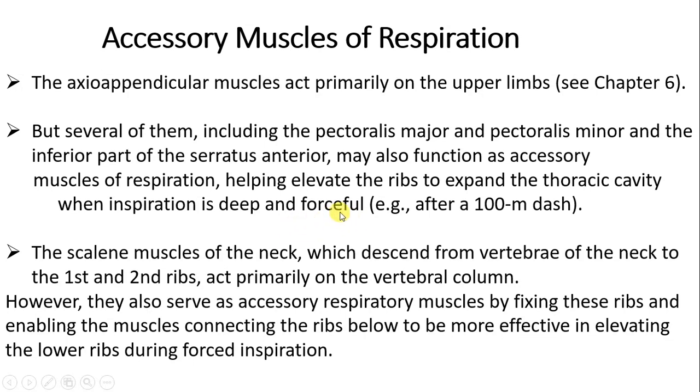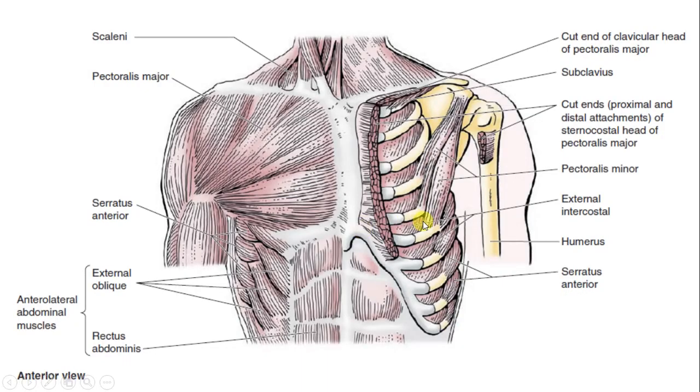These are the actions of the accessory muscles, and their origin, insertion, nerve supply and action on the limbs you have studied in the upper limb also. Here are shown the accessory muscles of respiration: the scalene muscles of the neck, pec major, pec minor and serratus anterior. Also shown are the abdominal muscles, the external oblique and rectus abdominis.